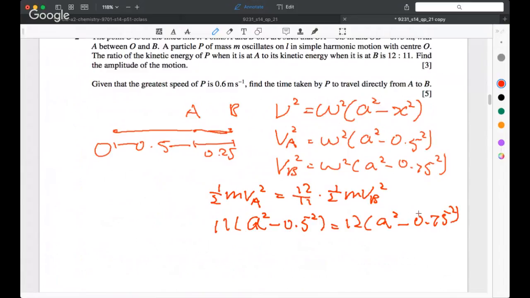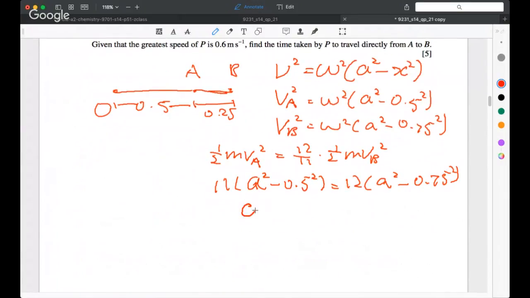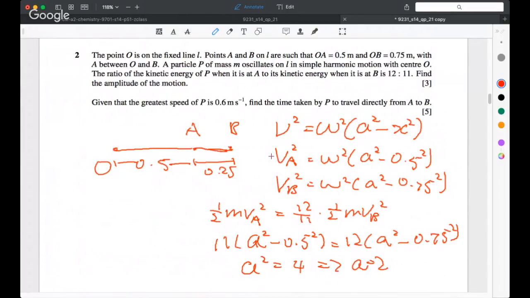And we can then solve for A. So A squared is equal to 4, which means A is equal to 2. And this is the first part of the question. And now, given that the greatest speed of P is 0.6 meters per second, find the time taken by P to travel directly from A to B.